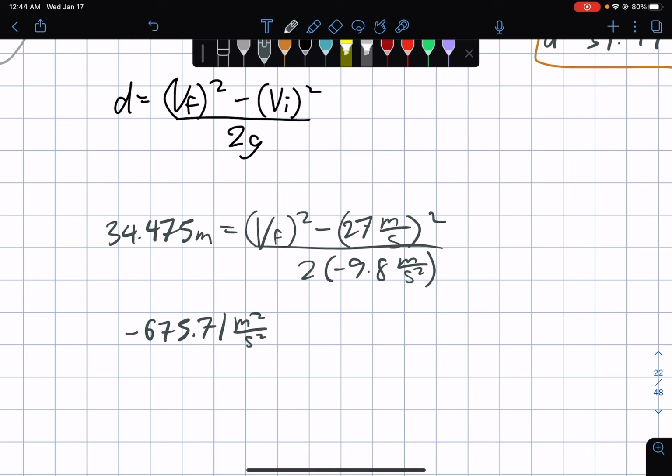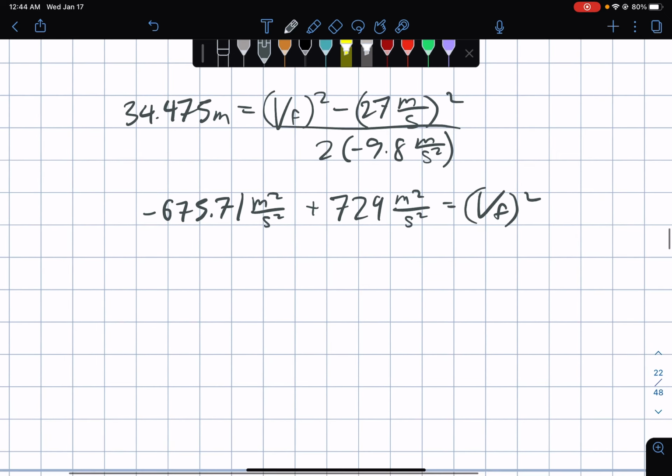Actually, let's transpose this already to the other side. 27 raised to 2 is equal to 729. So plus 729 meters squared over seconds squared is equal to Vf raised to 2. 729 minus 675.71 is equal to 53.29.